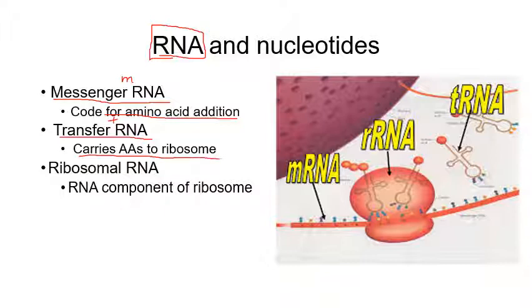So where proteins get made is at the ribosomes. We'll talk a bit later on when we talk ribosomes. Okay, the protein gets made at this ribosome. This is the messenger RNA here. It contains the code.